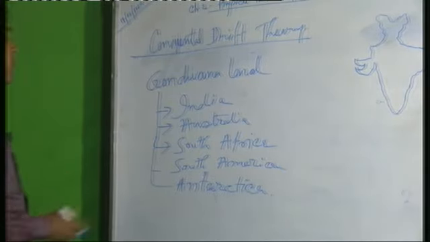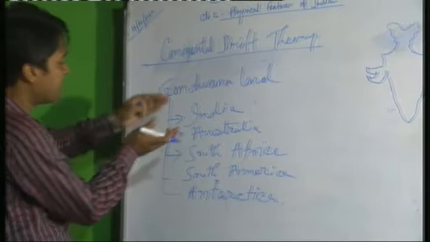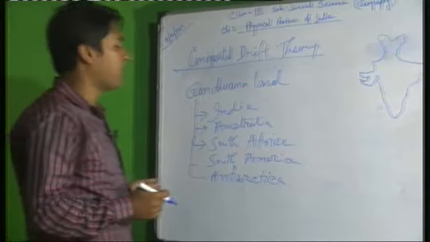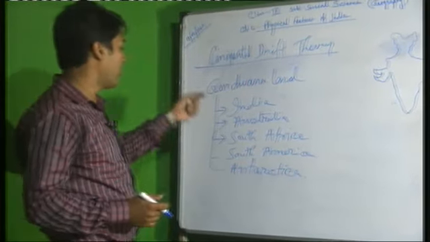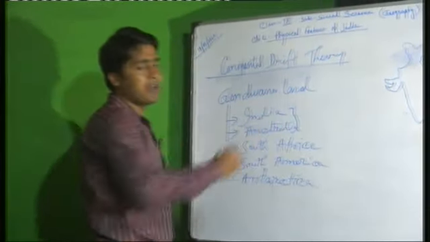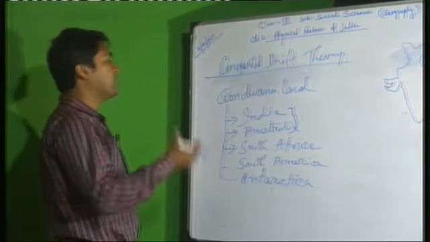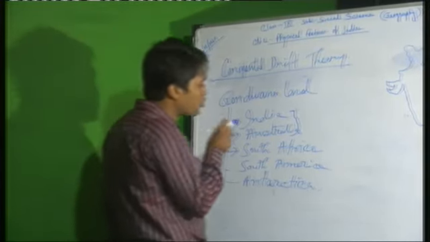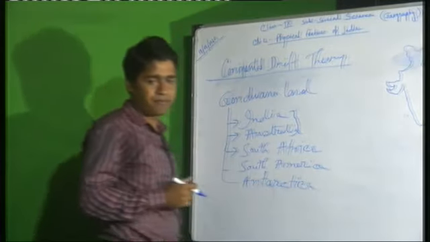After that, from the Gondwana land, these different countries and continents separated along with their plate boundaries. That's why at that time India and Australia, which are situated in the Indo-Australian plate, shifted from south to northeast direction.